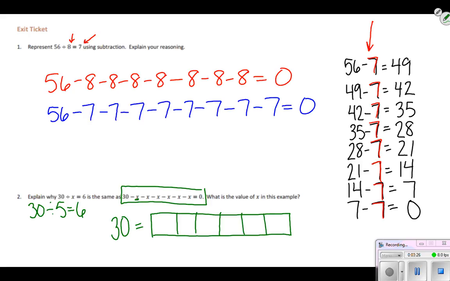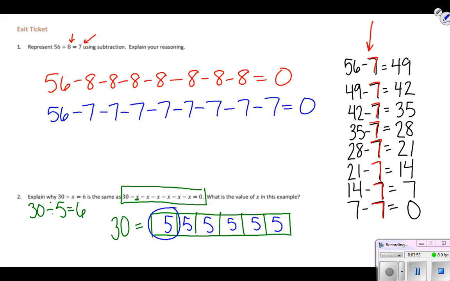And if they are all equal and it totals 30, each section would have to be worth 5, 10, 15, 20, 25, 30. So each section is worth 5. So 30 divided into chunks of 5 give me 6. So there is that example of how they are both equivalent.